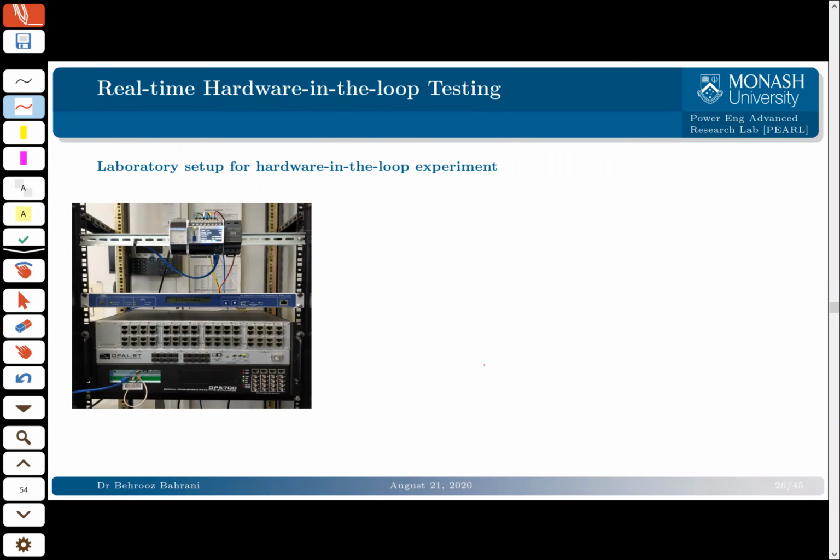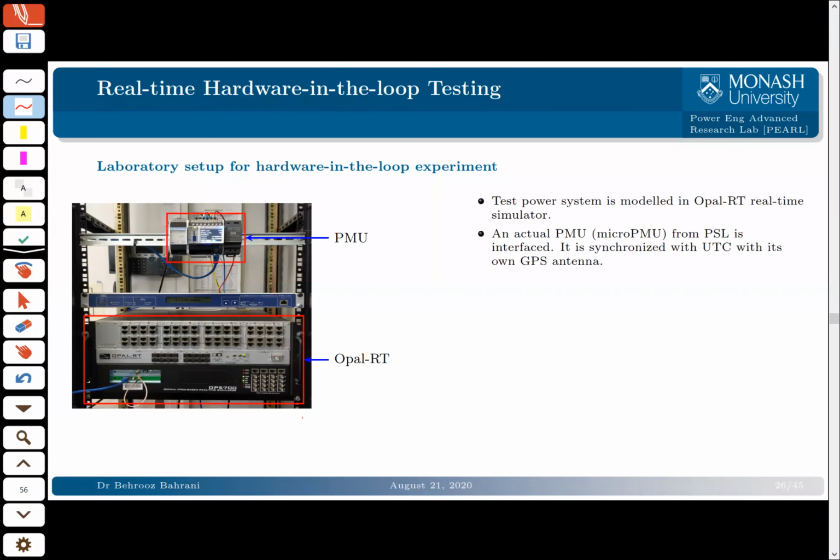So what we did in order to make it even more realistic, we used some real PMUs. So we used a hardware in the loop experiment. We've got our Opal RT here. This is our real-time simulator in which we have simulated the system. We've got some real PMUs from PSL. And this is, of course, synchronized with UTC with its GPS antenna, and it is one of the PMUs in the system.